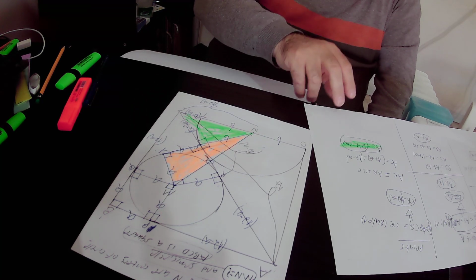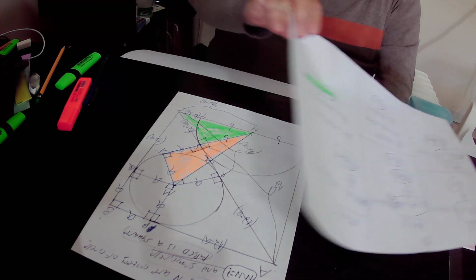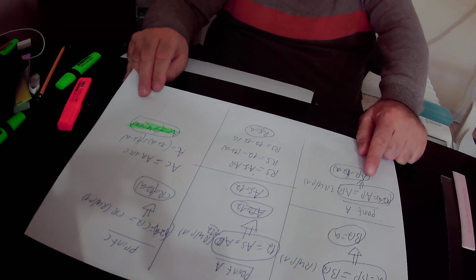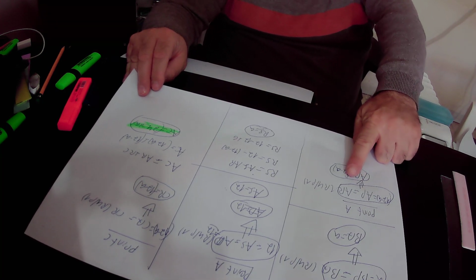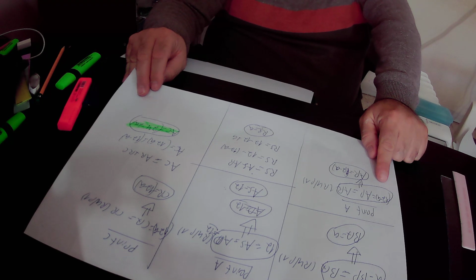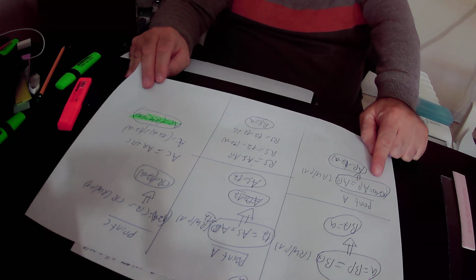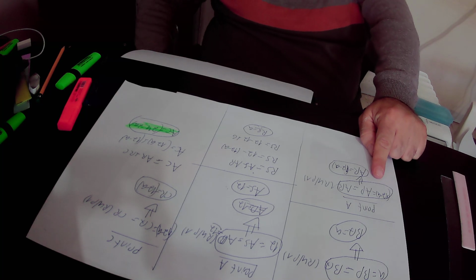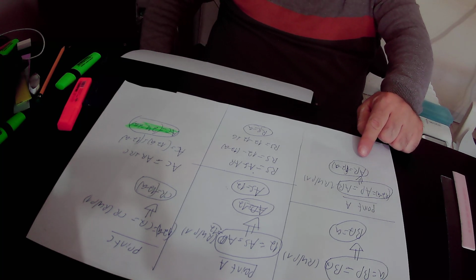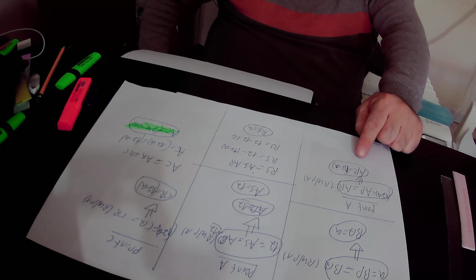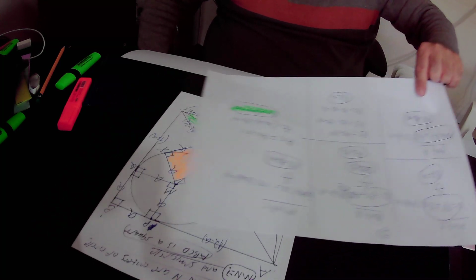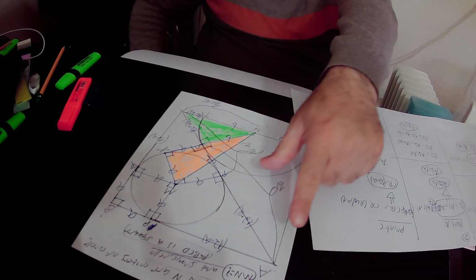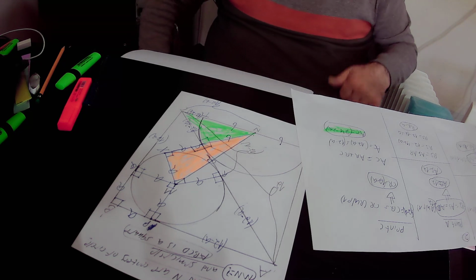According to rule number 1, the lengths of those two tangents will be equal to each other. That is to say, AP equals AR. But we have already found out that AP equals 12 minus A. So from this equation, 12 minus A equals AP equals AR, we conclude that AR is also equal to 12 minus A. Here we can write down that AR equals 12 minus A.